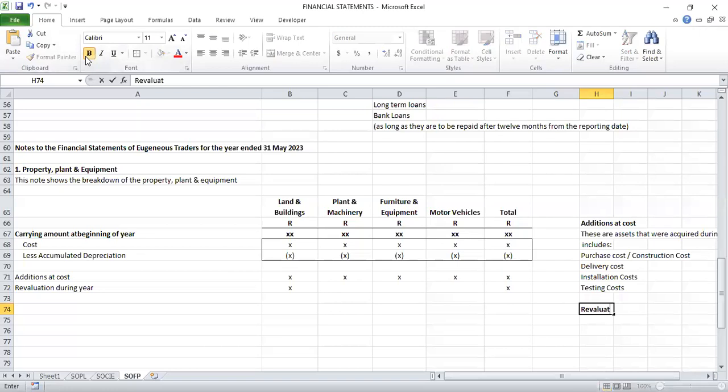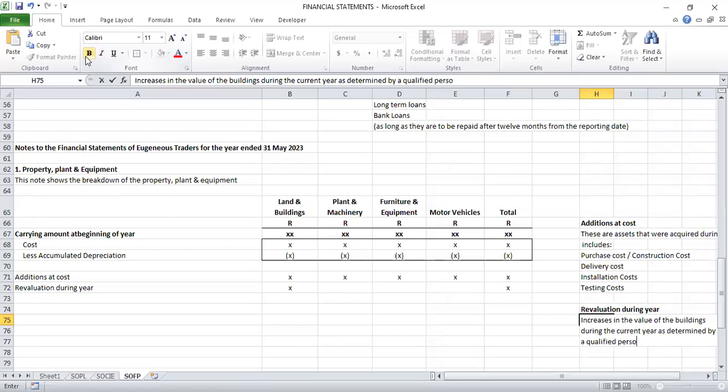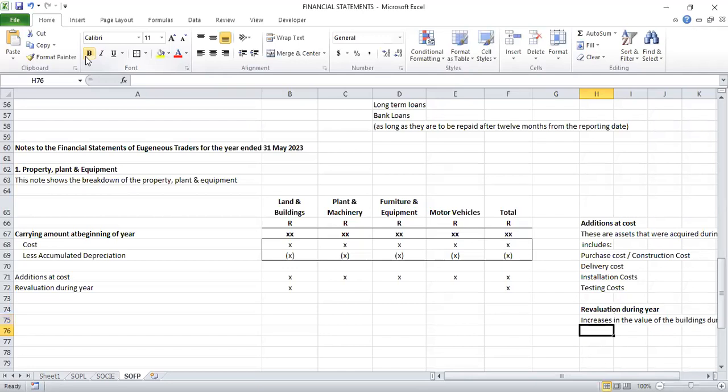These are increases in the value of buildings during the current year. It's determined by a qualified person. We have to find someone who understands the buildings. Then they determine the revaluation.